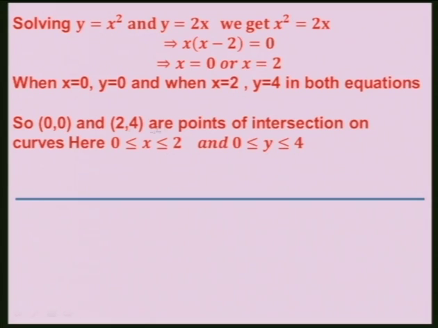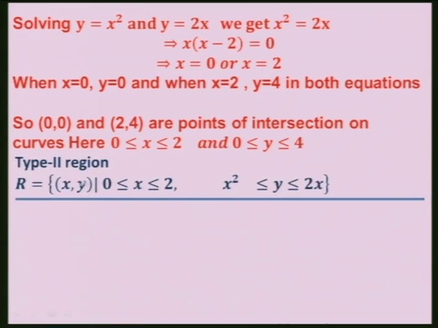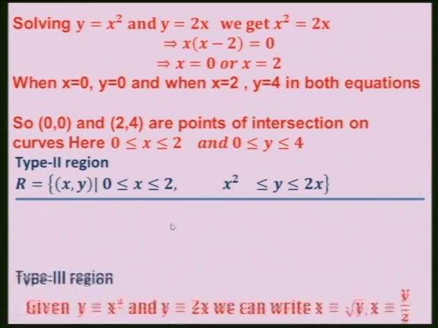Here, if you want to take x limits to be constants, you take 0 to 2. If you want the other type of region, y range is 0 to 4. For the first, type 2 region, R is the region in the xy plane where x limits are 0 to 2 and y limits already given, x square and 2x, that is the boundary of y.